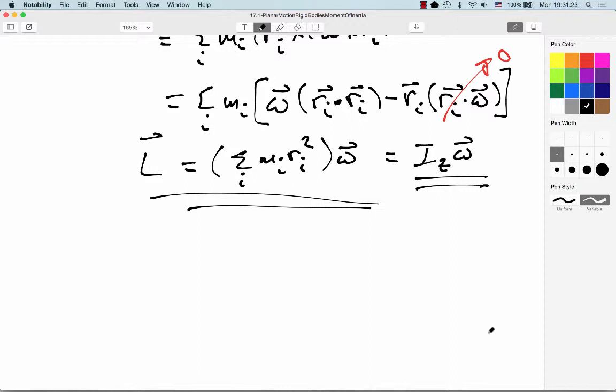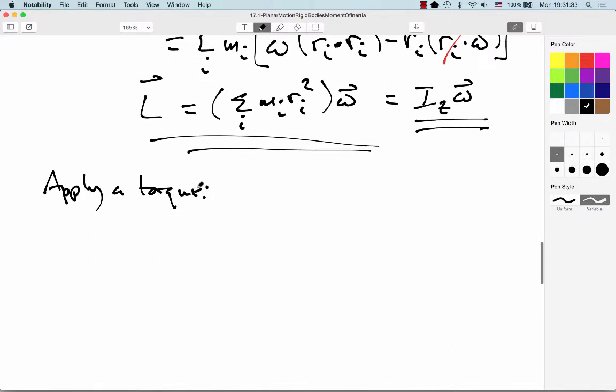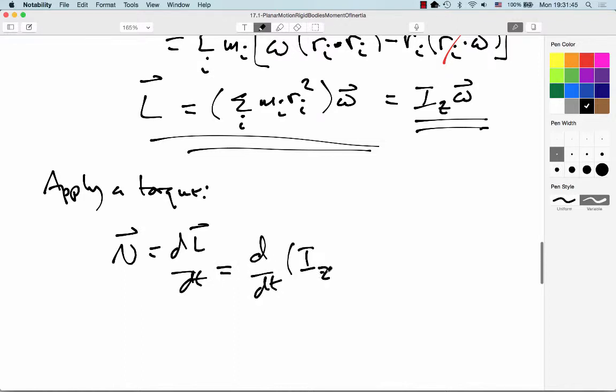Now, let's think about applying a torque here. So remember, we said that N is equal to dL/dt. That's the rotational form of Newton's second law. So that's d/dt of Iz omega.